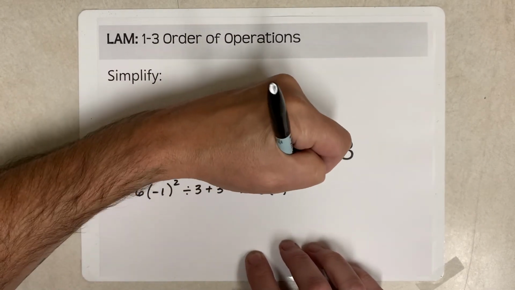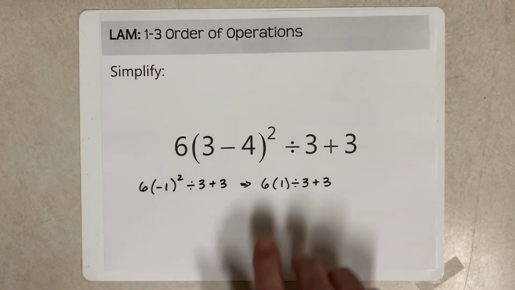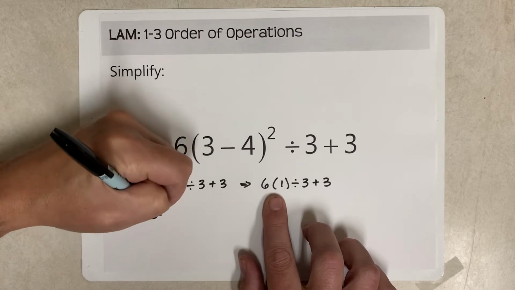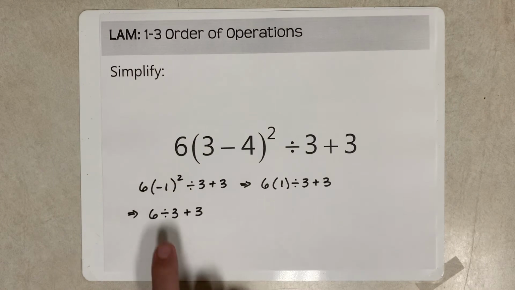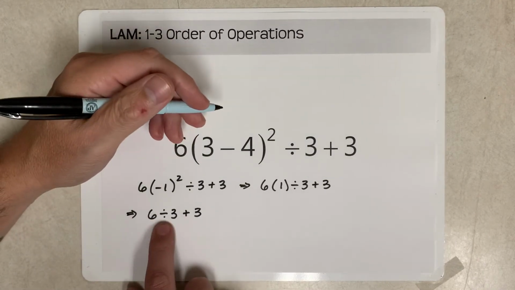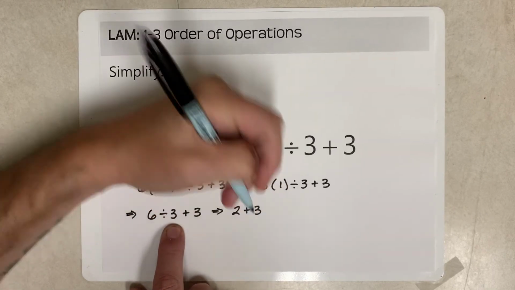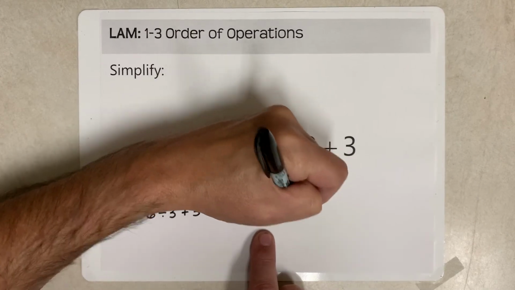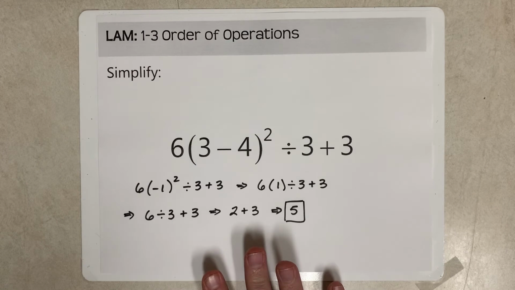Again, I just have to say divided by 3 plus 3. Okay, 6 times 1 is itself. And that's 6 divided by 3 plus 3. Okay, now I have this division that I have to do before the addition. So 6 divided by 3 is 2. And finally, 2 plus 3 is 5. And so that should be the correct answer for that one.